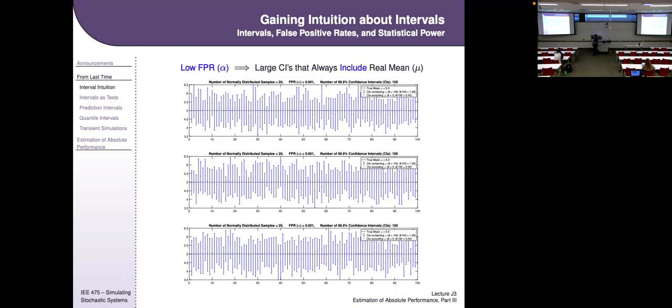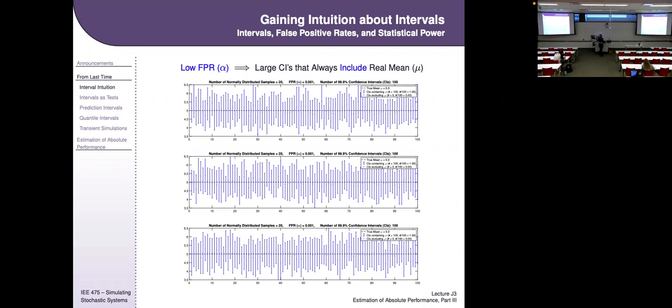I could report any one of these confidence intervals to someone, and I really can't say that I have any confidence that the mean is on one side of the confidence interval or another. Any one of those values in the confidence interval is fair game for the mean. So as you increase the percentage in your confidence interval, you do increase the probability you'll capture the true mean, but you also reduce the resolution of your experiment so that you really can't pin down a neighborhood of where the mean is.